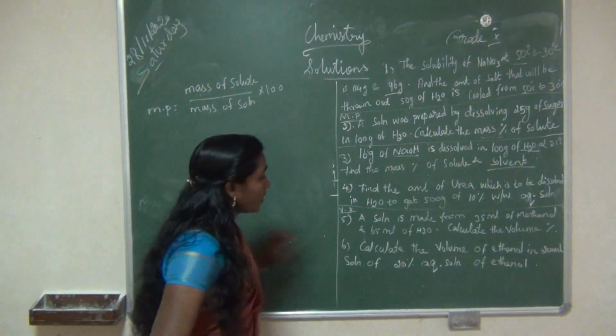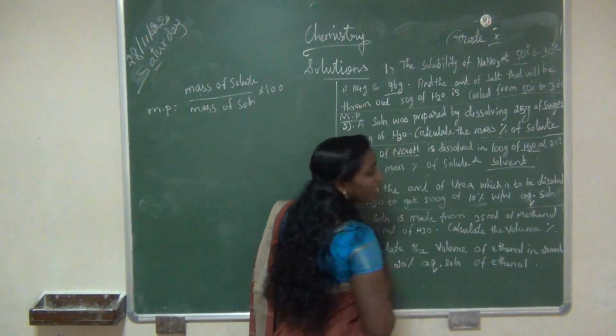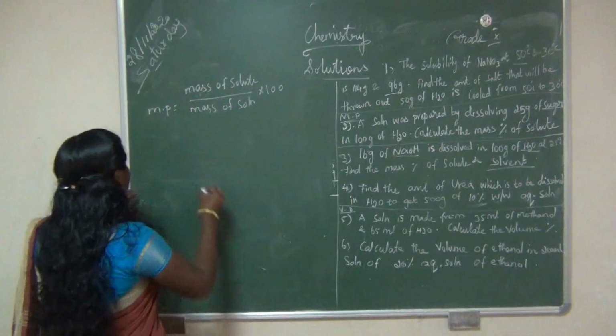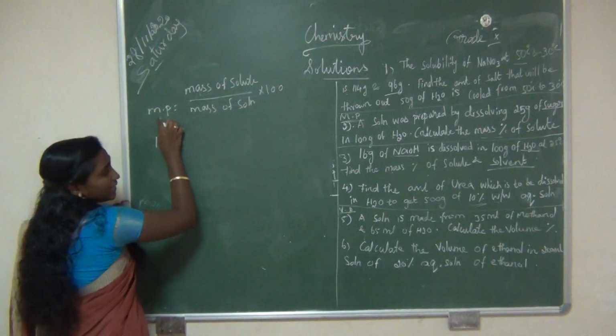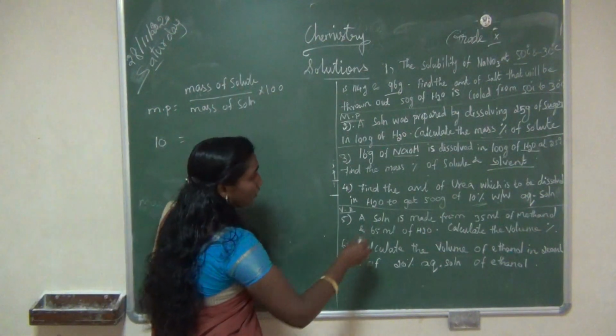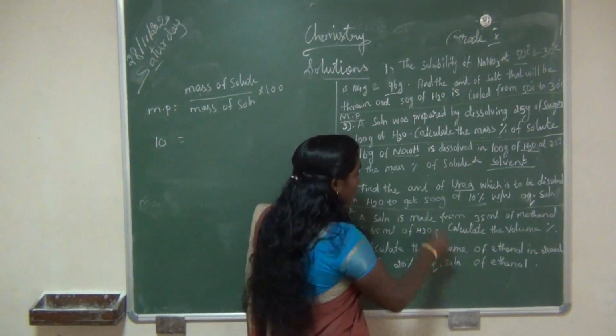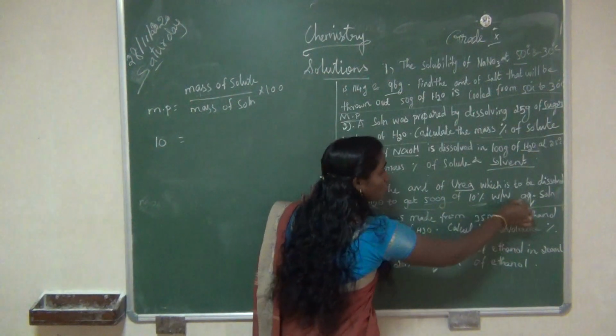So listen. They gave the percentage value in the question, right? So mass percentage is 10, equal to mass of solute. Here which one is solute? Urea is solute, right?